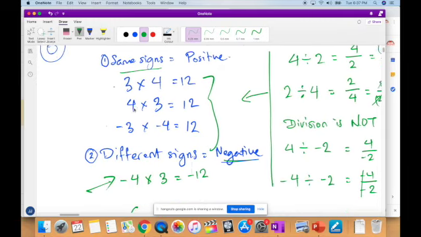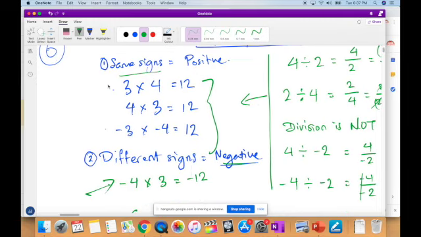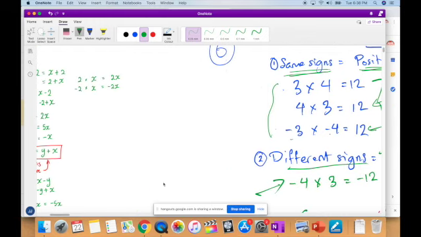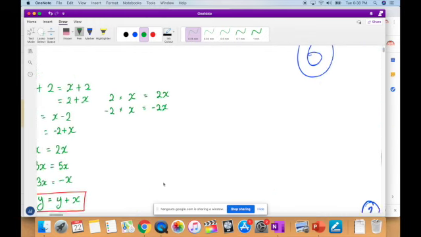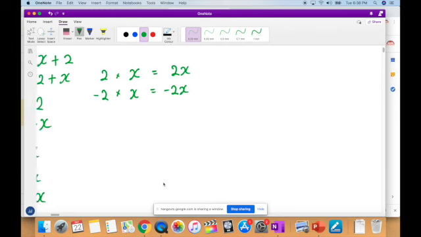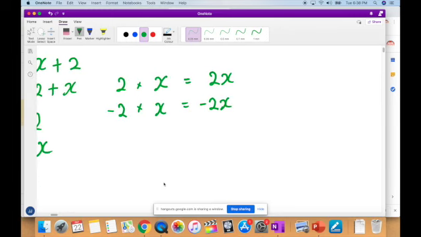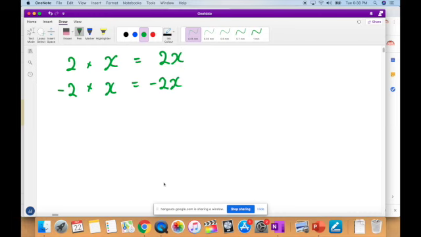Once you have the same signs, your answer is going to be positive. Two negatives give you a positive, and a positive and a positive give you a positive. Once you have different signs, the answer is going to be negative. That is the rule we're dealing with. In this case I have different signs, so my answer is negative.